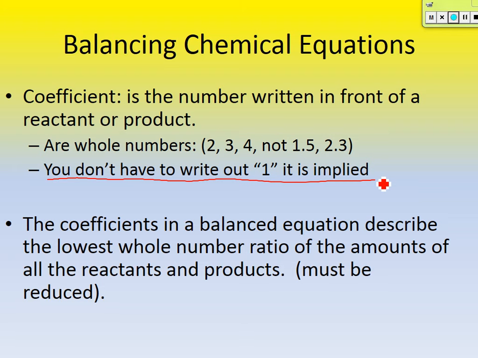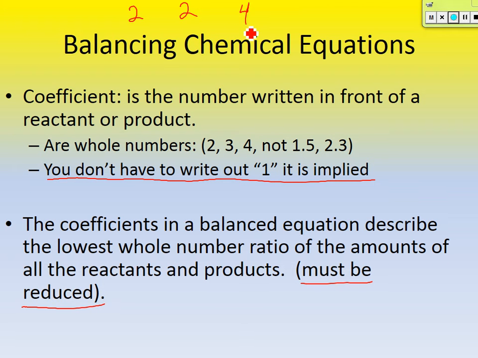The coefficients in a balanced chemical equation describe the lowest whole number ratio of the amounts of all the reactants and products, and they must be reduced. This is important: the coefficients must be reduced. What do I mean by that? What if my coefficients were 2, 2, and 4?